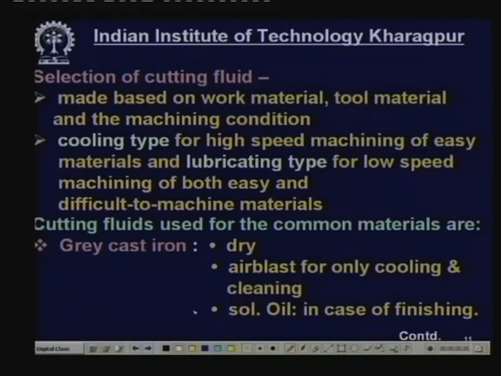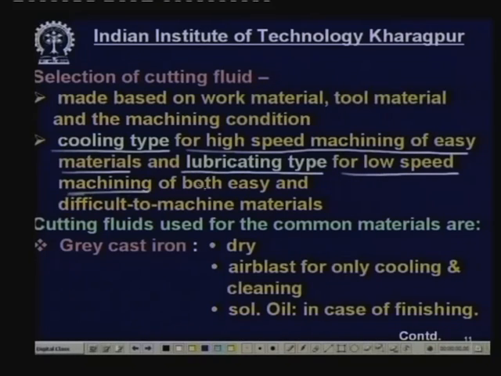So, the cooling type cutting fluid is suitable for high speed machining of easily machinable materials like steel, low carbon steel or low alloy steel by carbides or high speed steel. And we should take lubricating type for low speed machining of both easy and difficult to machine materials like hard steels or strong steels or other materials.